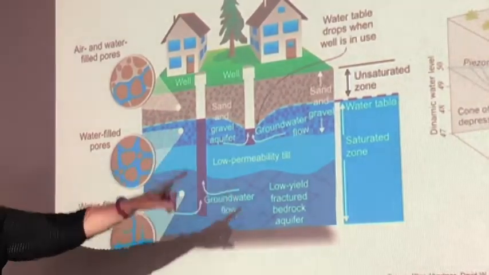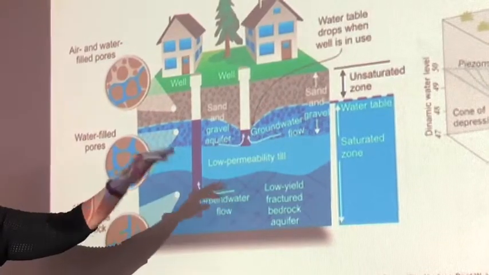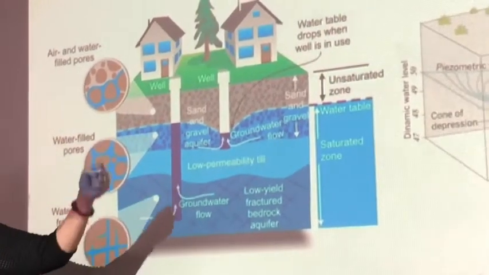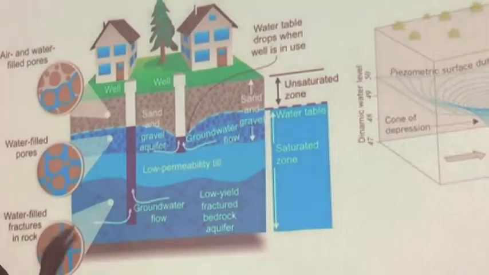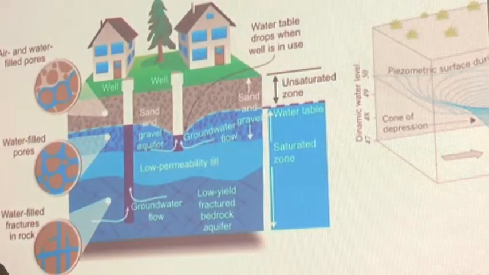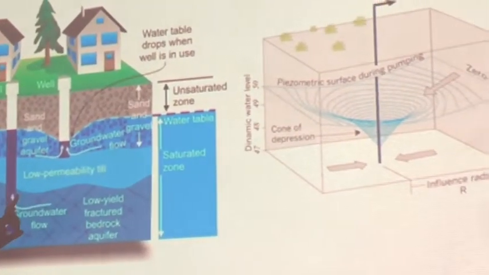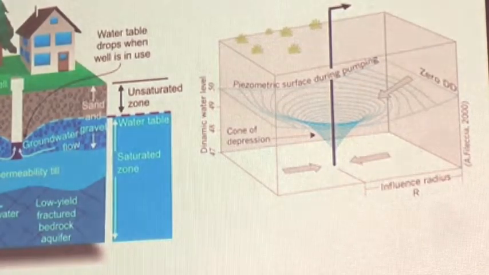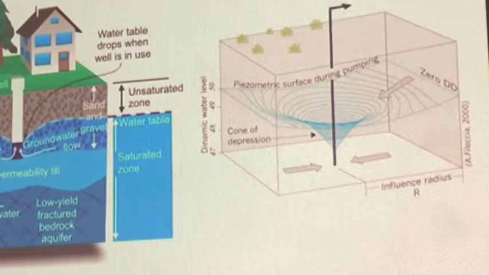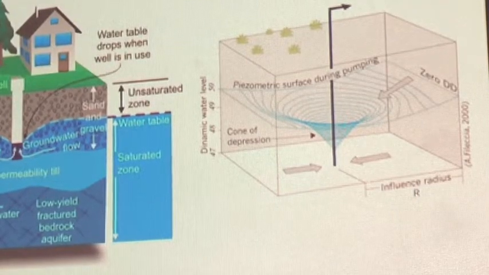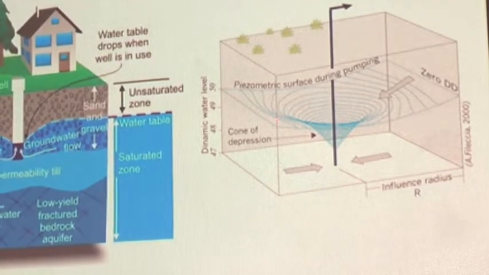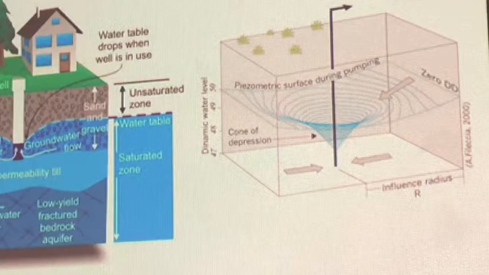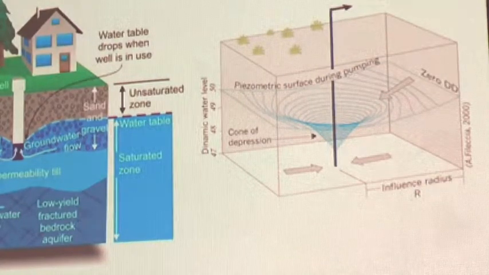So when you put a well in, this is what happens. Imagine that funnel shape over there is actually the surface of the water table. Put the well in, you draw water out, you actually create a cone of depression. That means that if you have a nearby well, you could affect that nearby well. If you have your well right here, but there's another well over here, then this one will actually feel the effects of the first one.